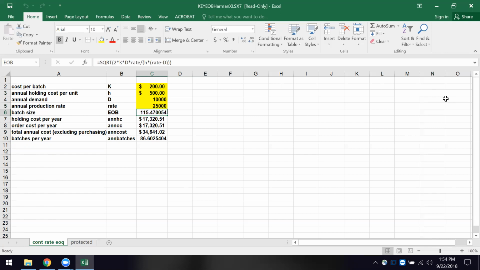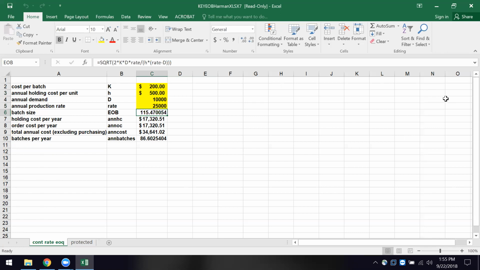So we've got the rate minus the demand. So we end up with 115.470. So that's our economic order batch.